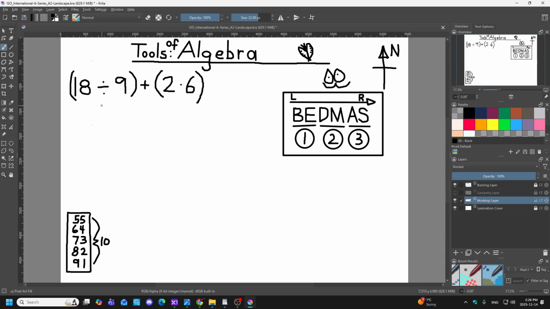So normally, I like to put these things into fraction form, but it's pretty easy, pretty basic, so I could just go straight to doing the division. We know that 9 times 2 is 18. What's the missing number? Well, it's 2.